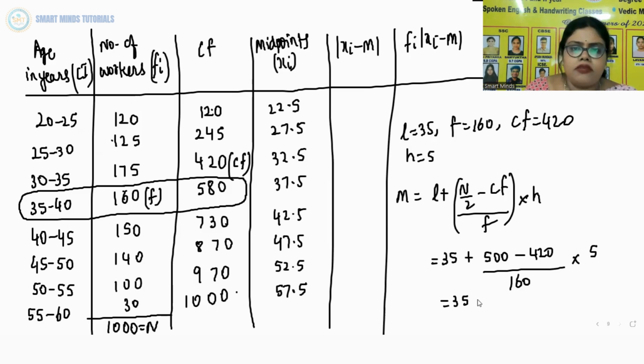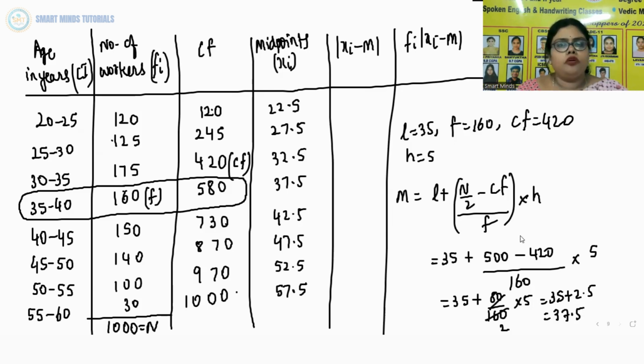So that is 35 plus 80 by 160 into 5. 80 ones are 80, 2s are 5 by 2 is 2.5. So that is 37.5. You don't write here in the table. After the table, you need to write this median part.